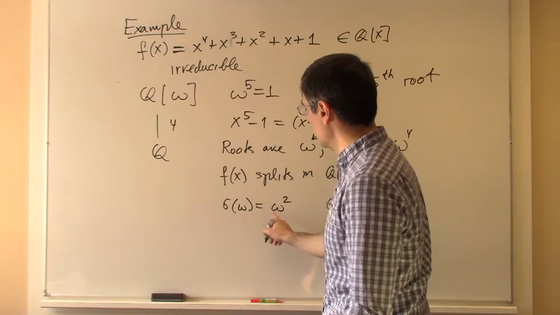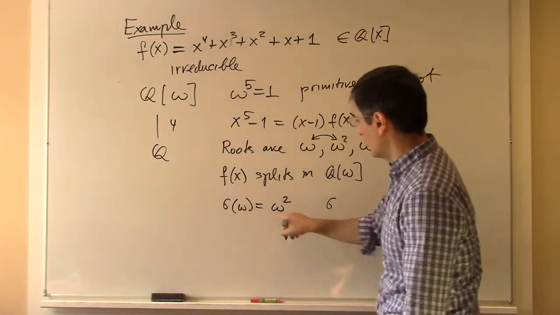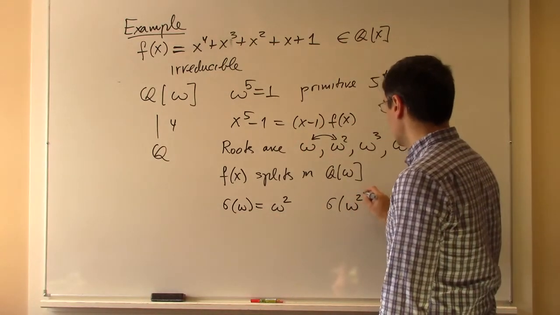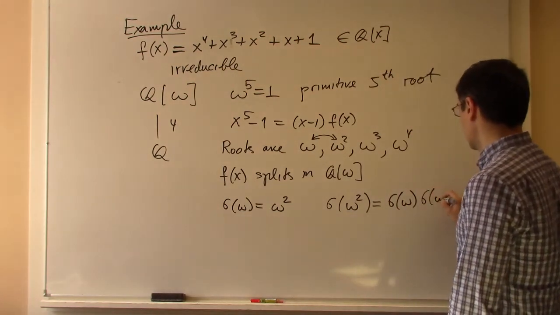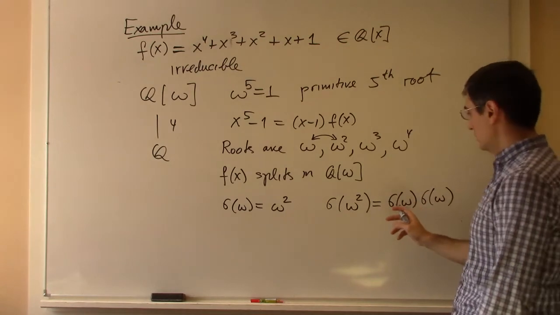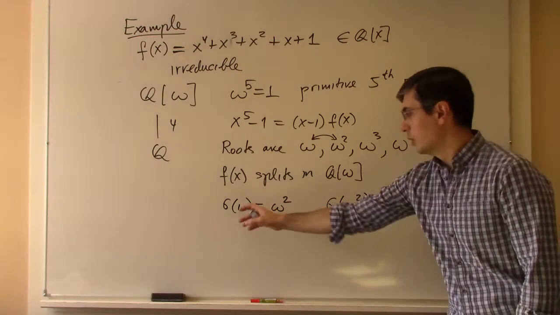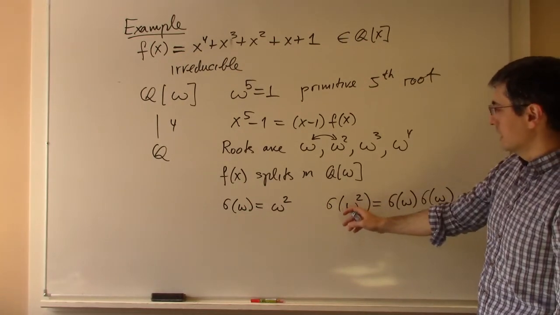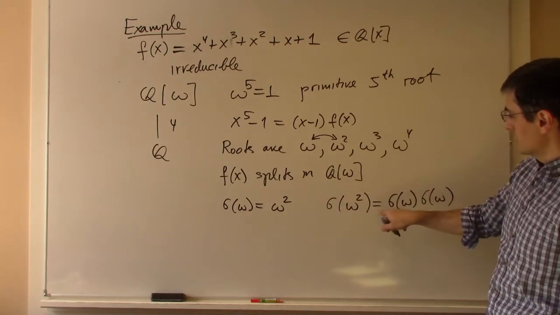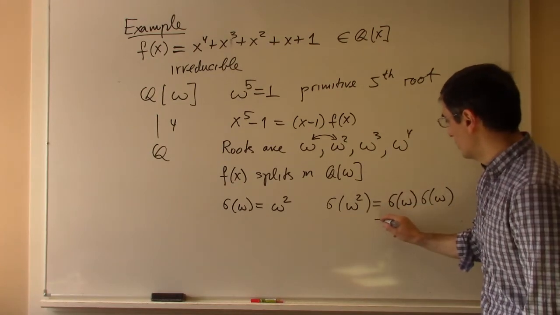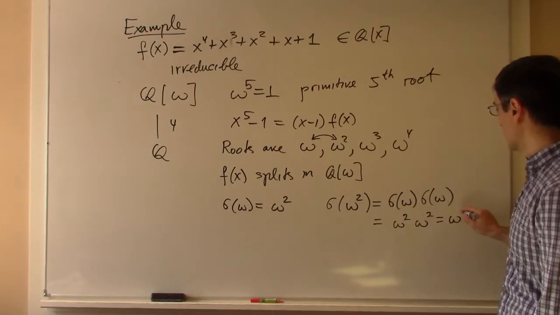So for example, if you're moving omega to omega squared, then its value on omega squared is already determined. It's predetermined. You cannot choose it freely, because this is a field, and you consider omega squared as a product of omega with itself, and since this is an automorphism, this relation has to hold, and then you get omega squared squared, so you get omega 4.